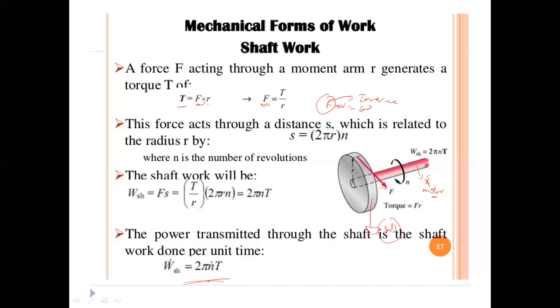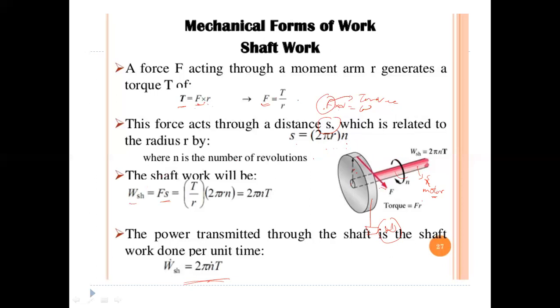Coming to distance here, this force acts at a distance S, which is related to this radius R. This distance is given by 2 pi R into N, where N is the number of revolutions that the shaft rotates. Then shaft work is given by force into distance.